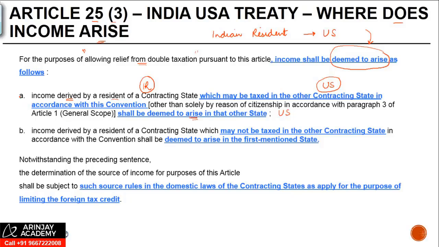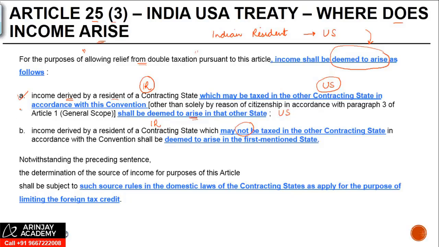But income derived by a resident of a contracting state, so income derived by an Indian resident, which may not be taxed in the other contracting state in accordance with this convention, shall be deemed to arise in the first mentioned state. Which means if the income may not be taxed in the US under the convention, then it shall be deemed to be arising in India.